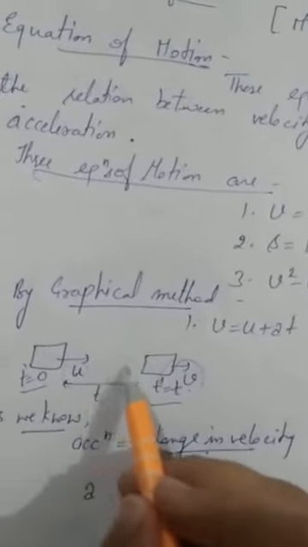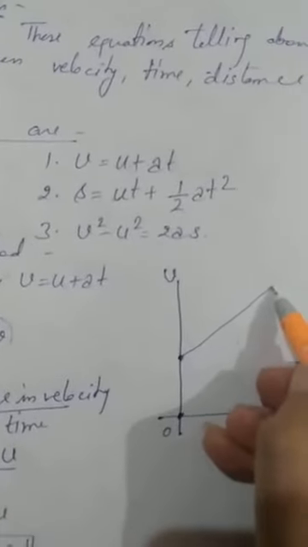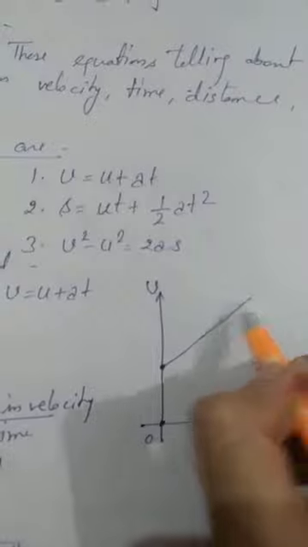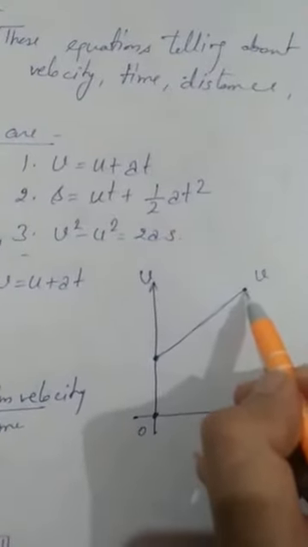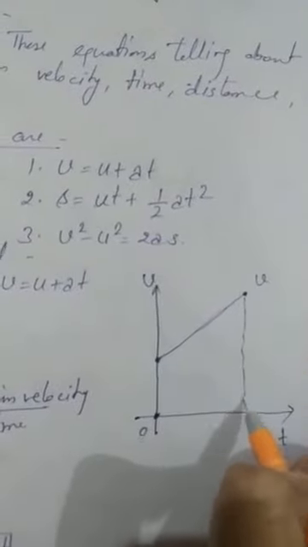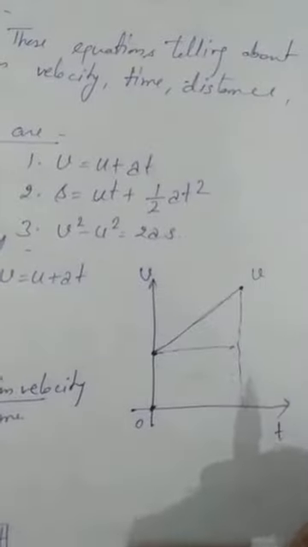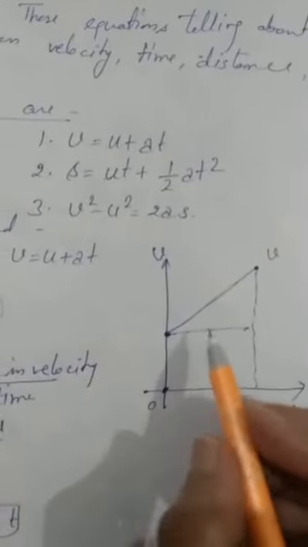After some time, as time is increasing, the velocity is changing. Time is increasing in that direction, here is time and here is velocity. As time increases, the velocity changes, up to here where it becomes v. For the solution we will join these, and now we will find the total distance taken by the object. Now the second and third equations we will derive using this.